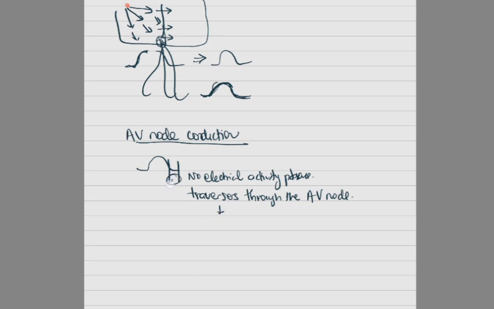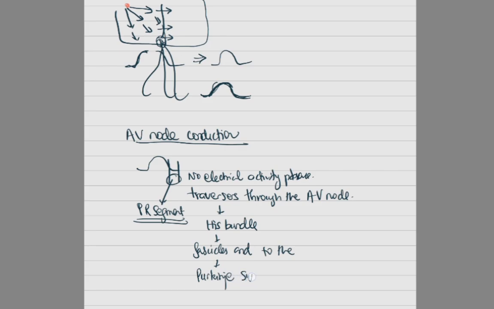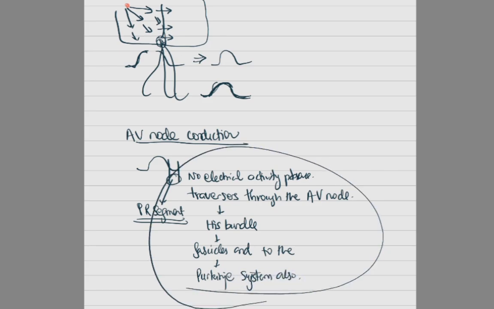This short span is called the PR segment, a no electrical activity zone, where the impulse traverses the AV node, then reaches the His bundle, then the fascicles, and the Purkinje system. In all these phases, there is no muscle involved. So in this phase, the electrical activity is nil, an isoelectric phase.